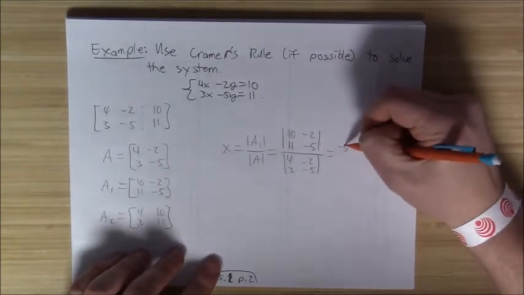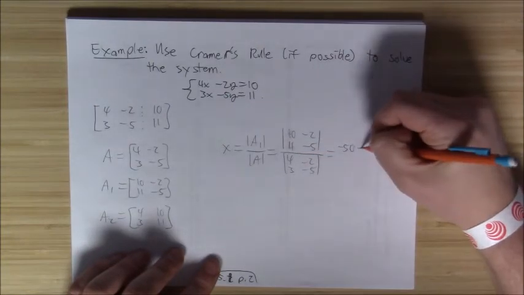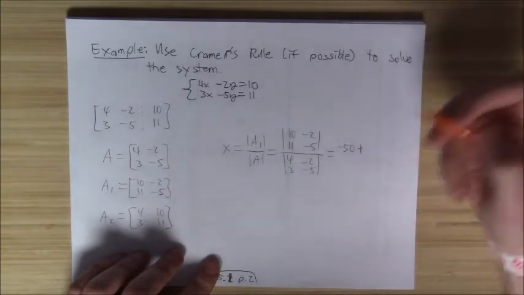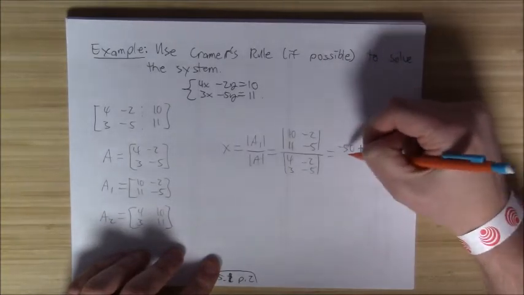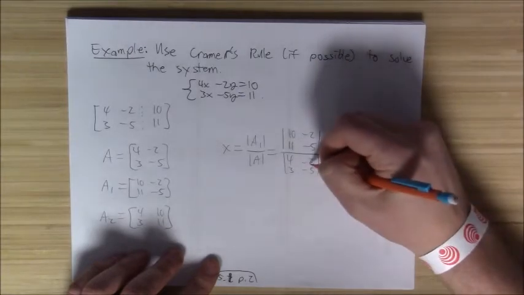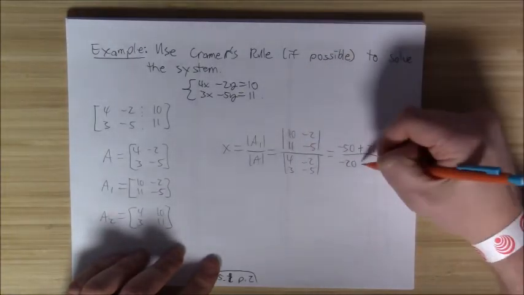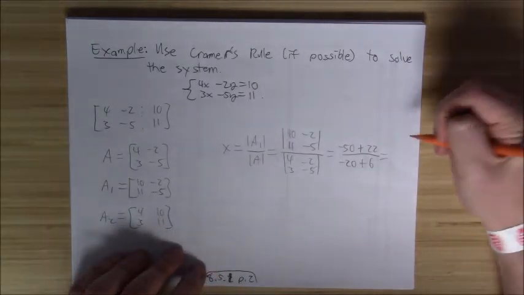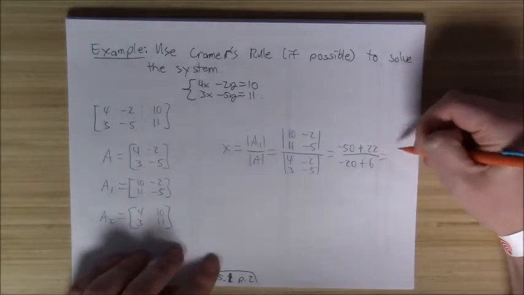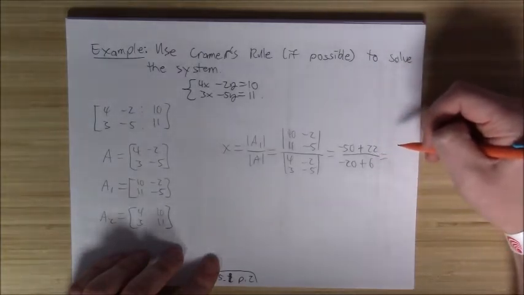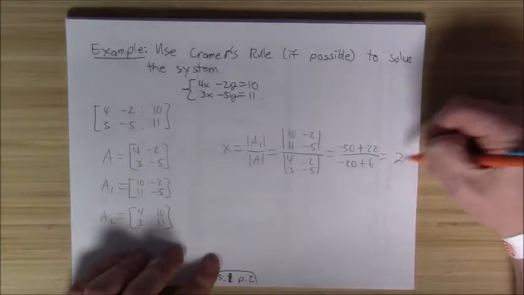I first looked at the wrong matrix, sorry. So we have -50 minus -22, so plus 22, over -20 minus -6, so plus 6, which gives us negative 28 over negative 14, which will be 2.